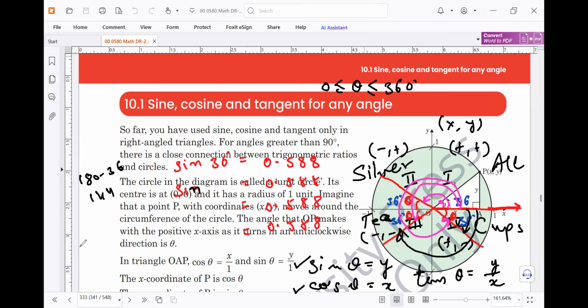I want to measure everything from 0, right? This is my 0, this is my 90, this is my 180, this is 270, and this is 360, right? All angles are to be measured from 0. So you measure this 36. Forget about this, the first quadrant is done.